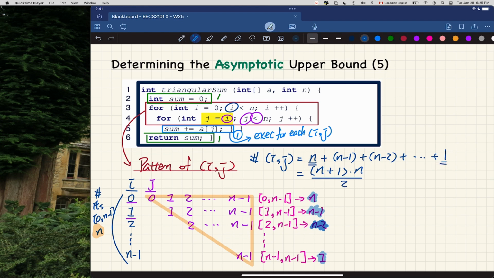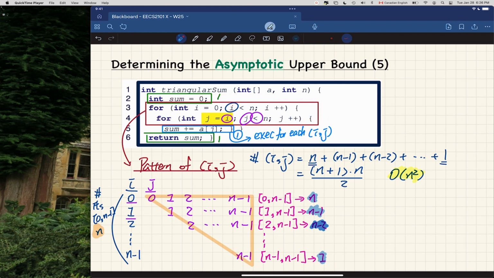So that one there should be big O of n squared. That's the highest power, n squared. So this is the very important intermediate result that we figured out given this nested loop: the number of combinations between i and j is n squared.